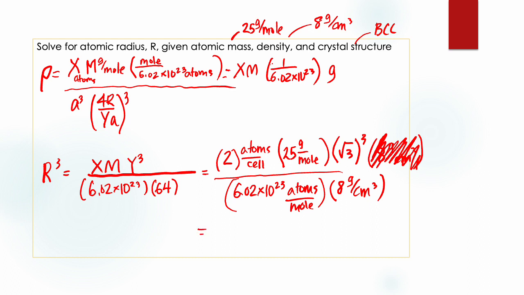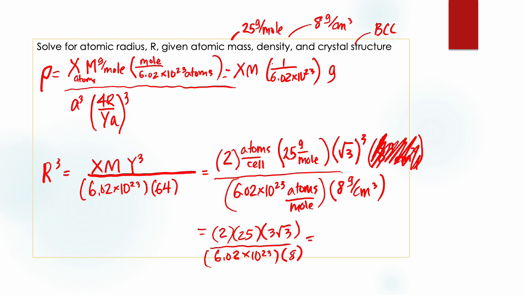So let's see. 2 times 25 times 3 root 3. And we'll go ahead and calculate our R in centimeters and then convert it. So divide by 6.02 times 10 to the 23rd and 8.